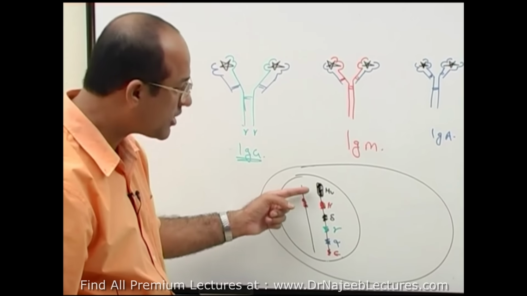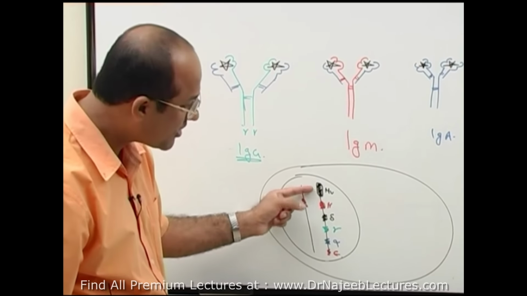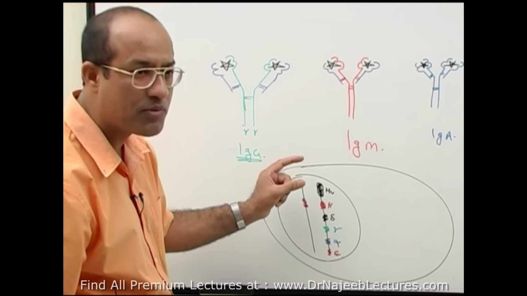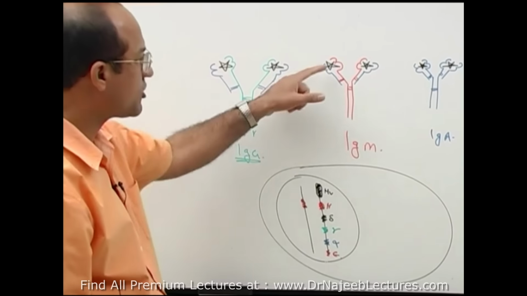This is the genetic component of the B cell or plasma cell, that when it translates into a peptide fragment, that piece of the peptide will become the variable portion of the heavy chain which will bind with a special type of antigen, which is suppose the star antigen.